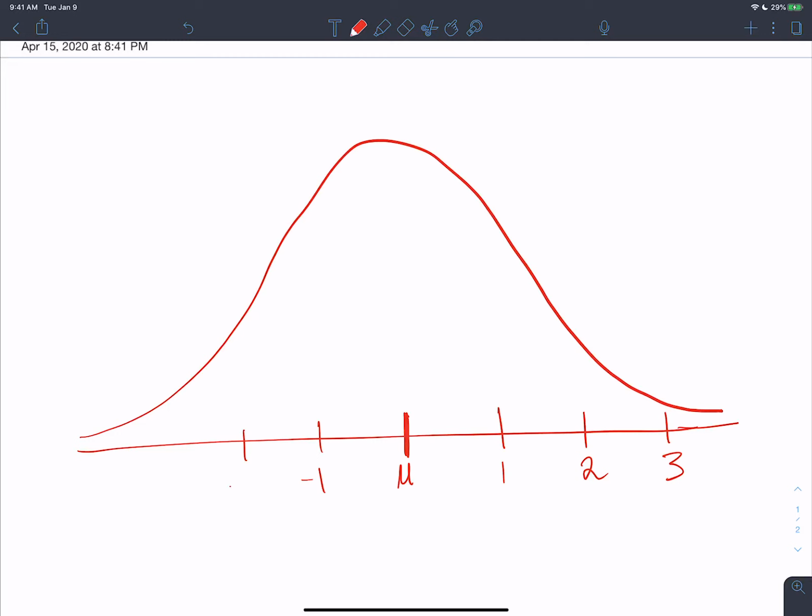Just bringing up the empirical rule, because it makes a little bit more sense. It's a really clear visual of what you're looking at. So what does the empirical rule tell us? What are those three numbers? I need y'all to be specific on those three numbers.